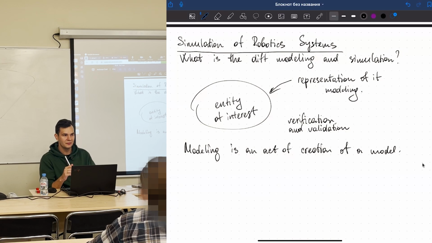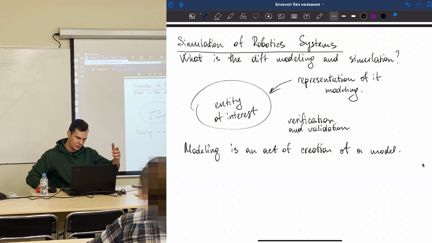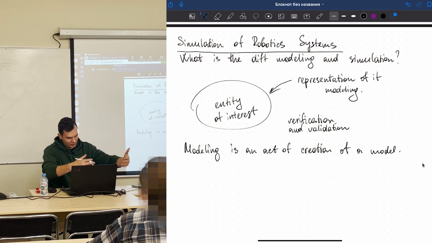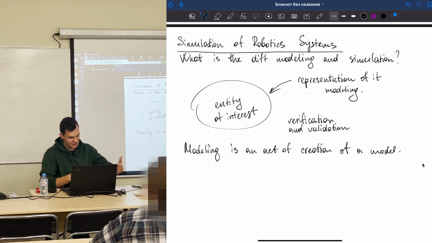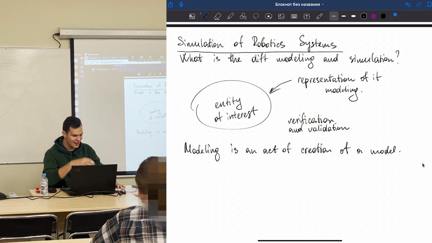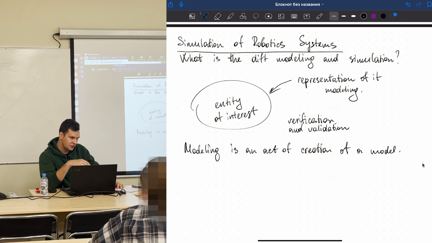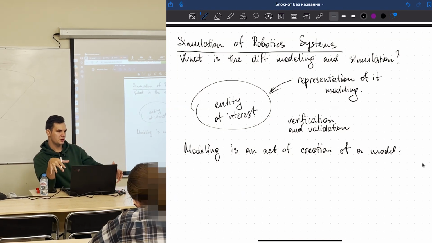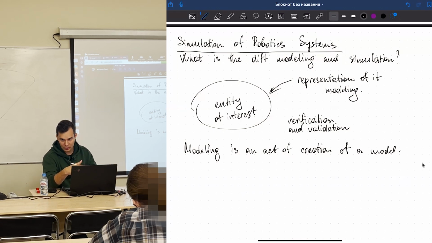Testing this model. Right. So I'm going to work out this term, test. Our task is not just to test, but to study. So we're going to use models to study something that we would like to test. So we're going to use models to test the entity, and our aim is to understand its behavior and performance.